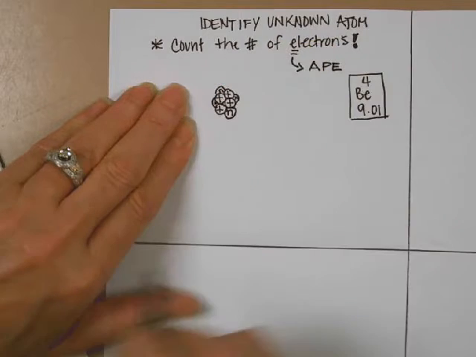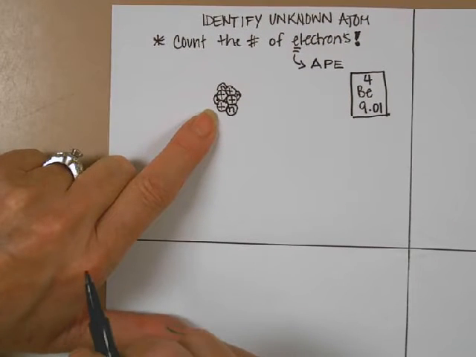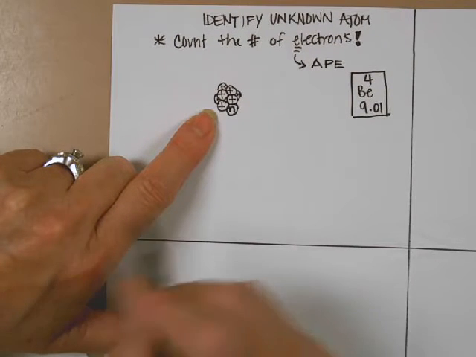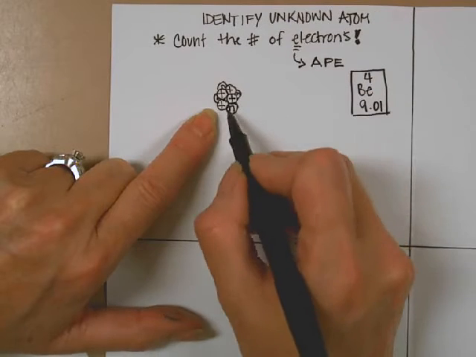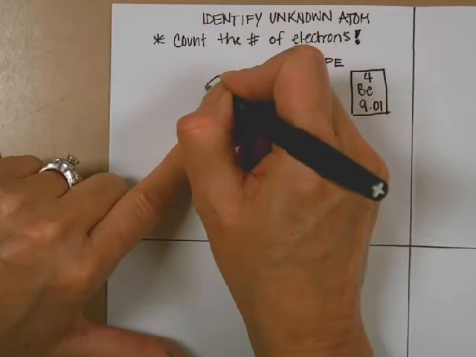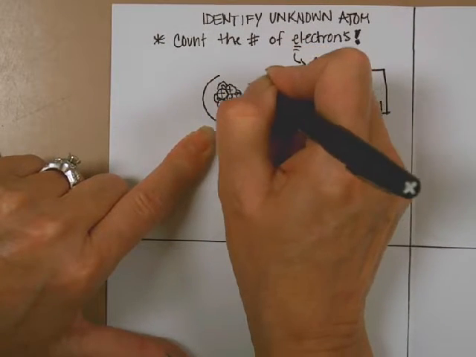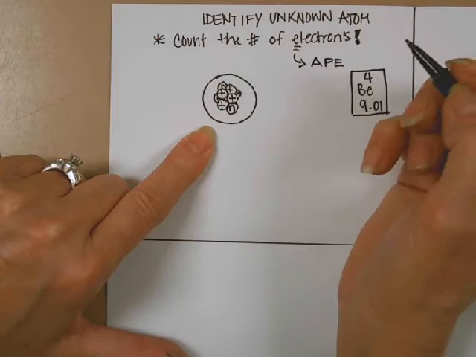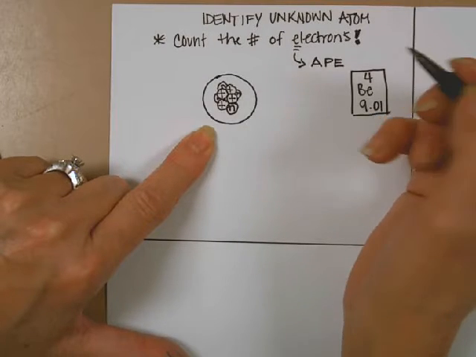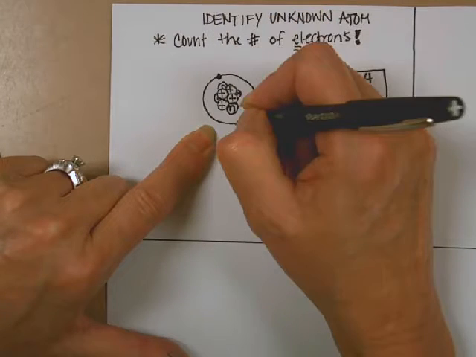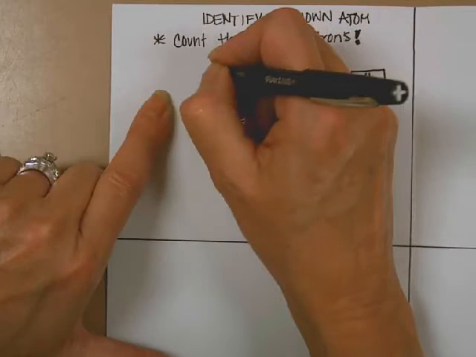And you really can't tell what's going on here in the nucleus, so go to the energy levels in the electron cloud and count the electrons.